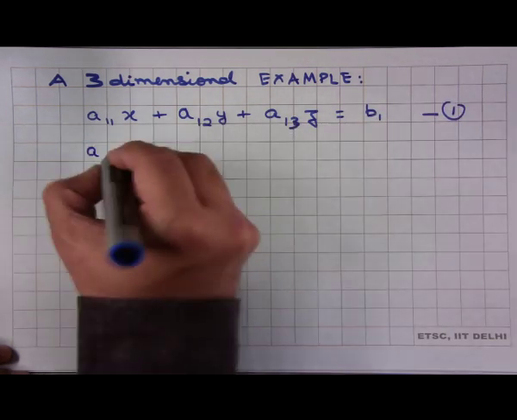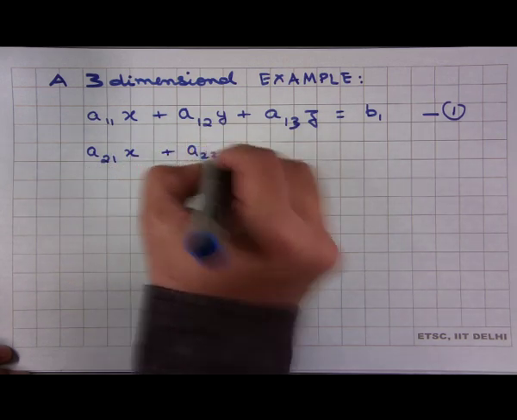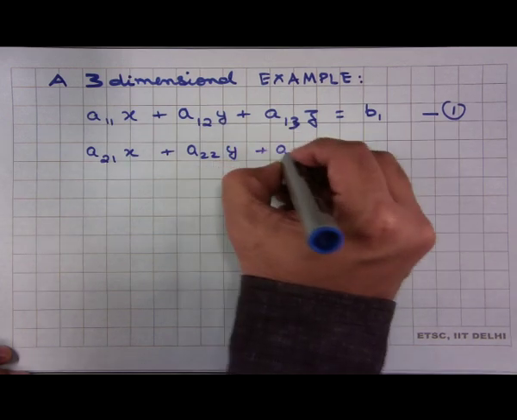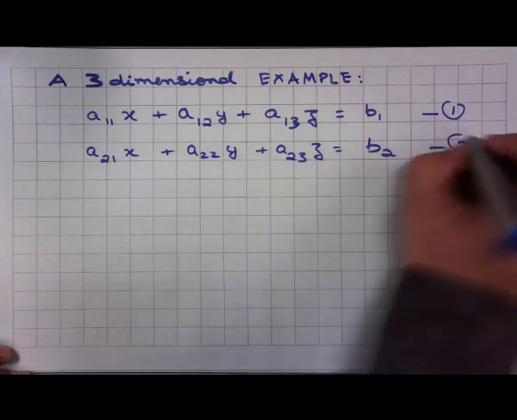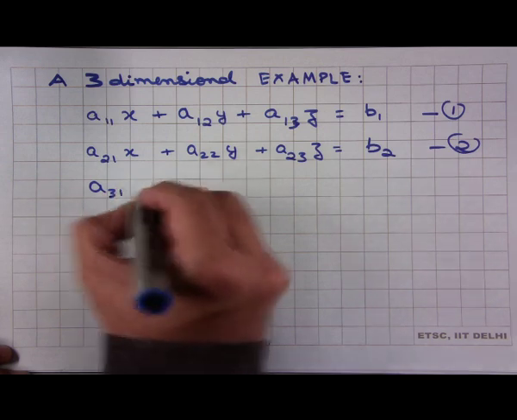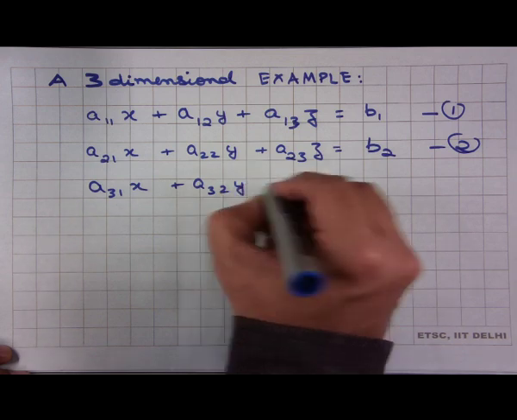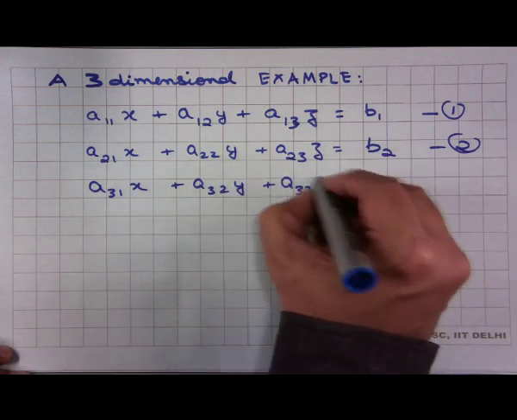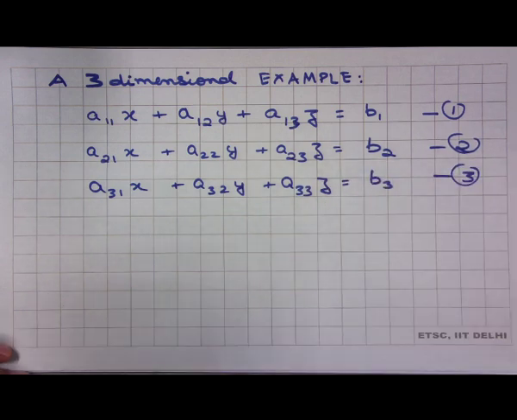The second equation may be a21x plus a22y plus a23z equal to b2, and the third equation is a31x plus a32y plus a33z equal to b3. So, this is an example of 3 equations with 3 unknowns x, y and z, each of which are scalars.